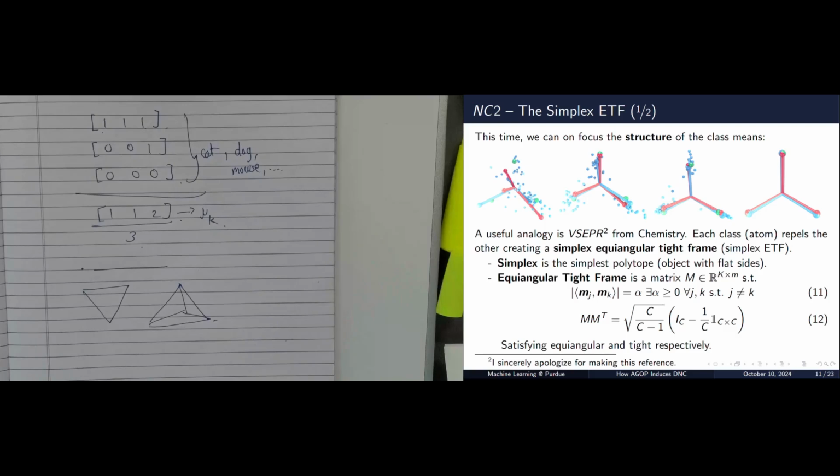So an equiangular tight frame is a matrix M in K cross M. So you can consider you have K M-dimensional vectors such that it satisfies the following property.